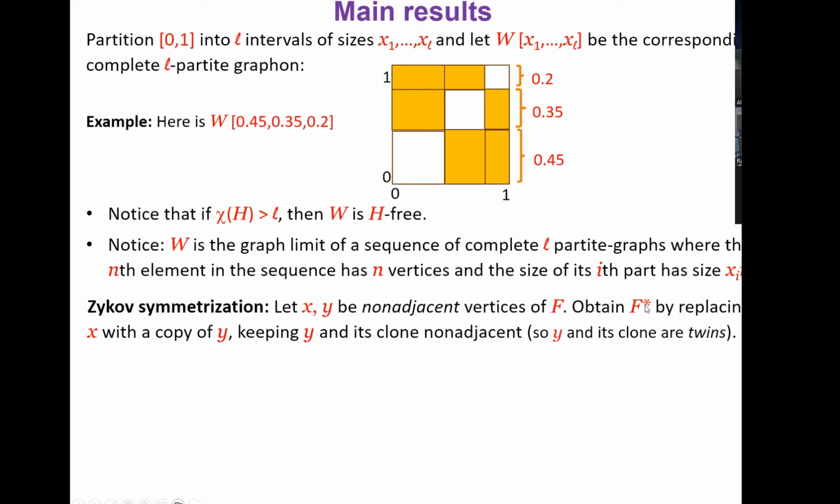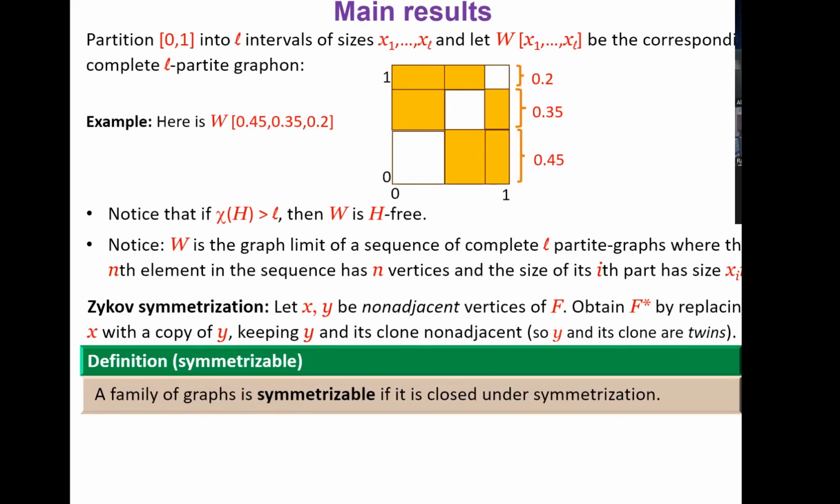Take 2 non-adjacent vertices, say x and y, and now let's construct another graph, F star, on the same number of vertices. So what we do is replace x with a copy of y. So this copy has adjacencies precisely like y has. And y and its copy are non-adjacent also. We call them twins. And now you can do it repeatedly. So this is called symmetrization.